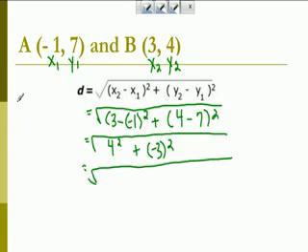Four squared, remember, is 4 caret 2 equals 16, plus negative 3 squared. So you're going to hit the negative sign, 3 caret 2, which is negative 9.